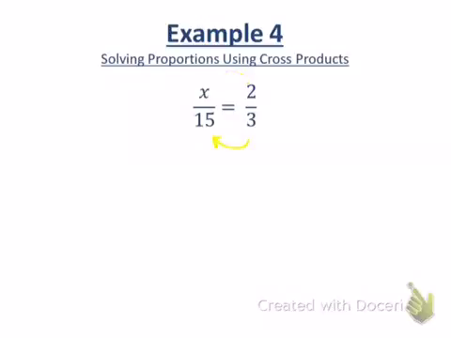And the reason I call it the lazy man's way to do it is because we're not using procedure to do it. All right? And we're going to run into a lot of problems where we can't think our way through it. If you can't think your way through it, then you have to know the process of it. And the process for solving proportions is to use cross products. So 3x equals 30 is what we get when we use cross products. 3 times x, 2 times 15, divided by 3, x equals 10.